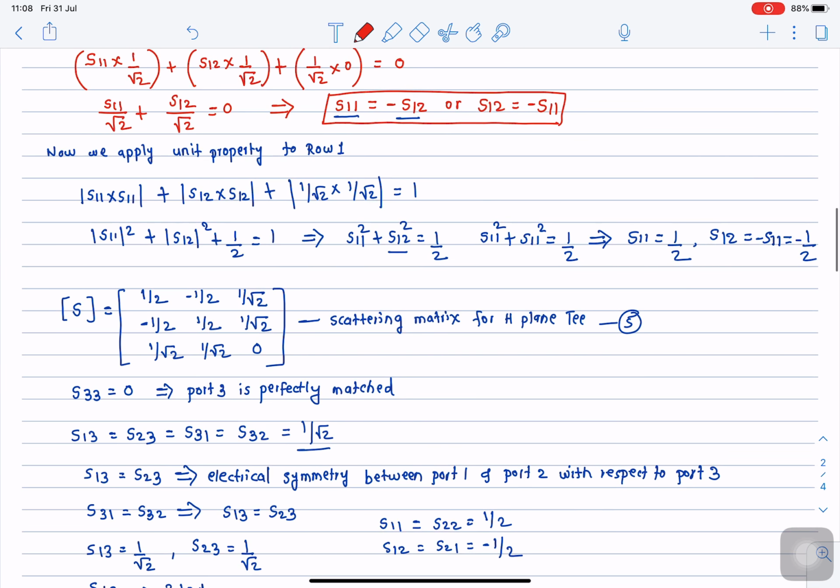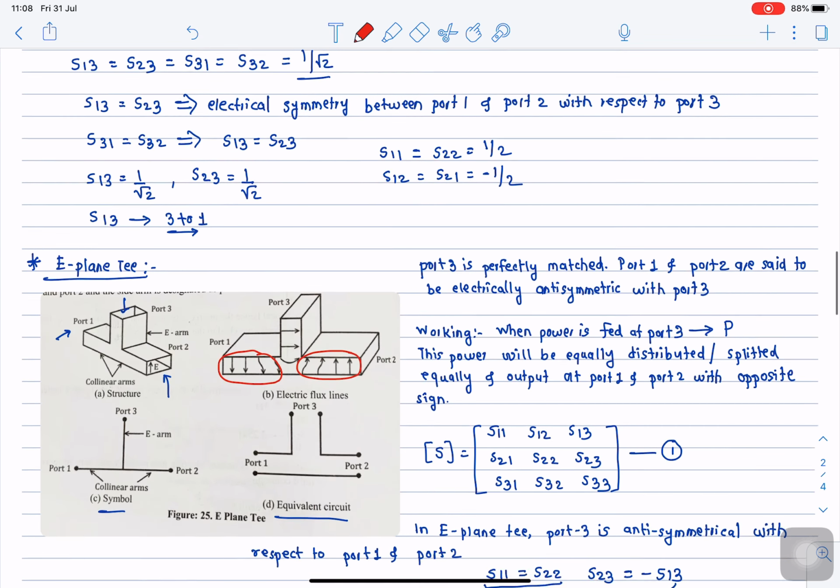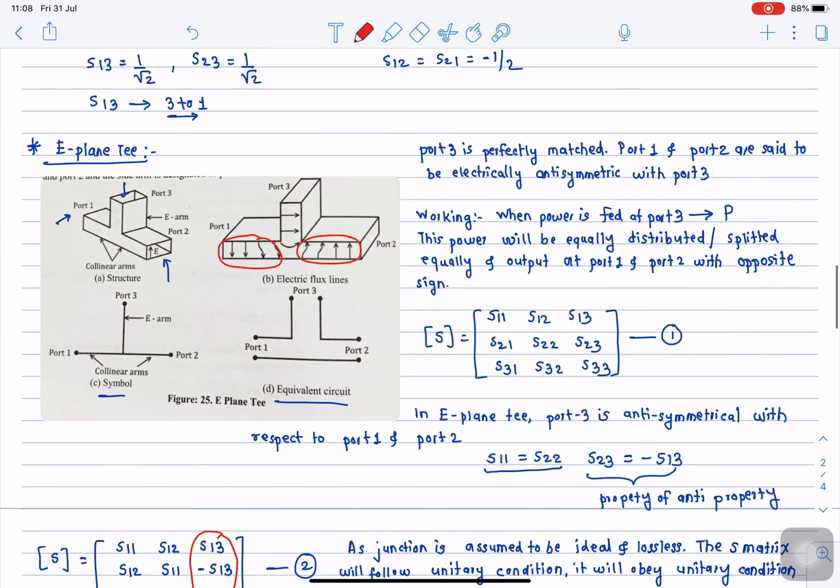Next we will go ahead and add one more port to the existing structure, and that structure will now give us a 4-port device.